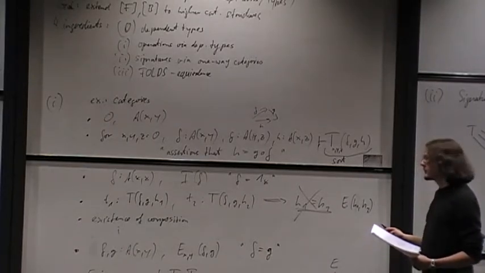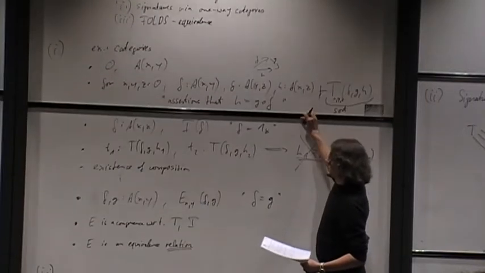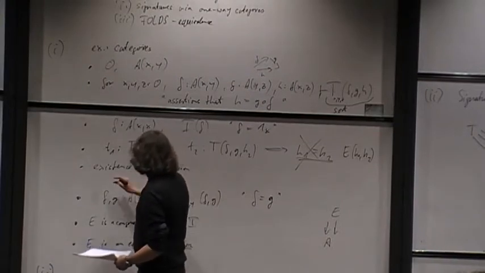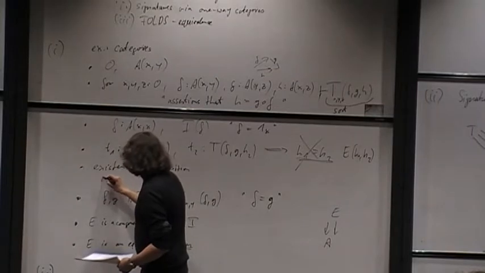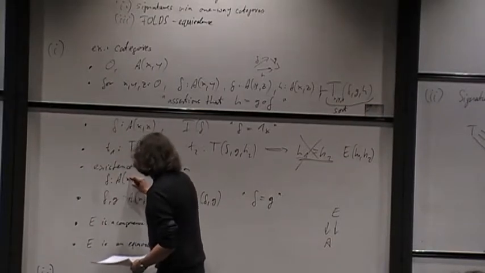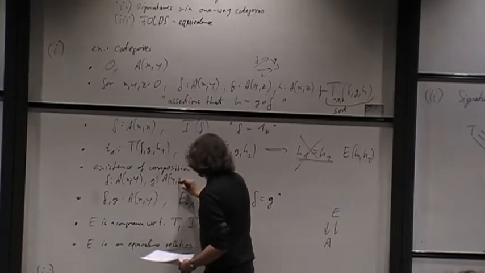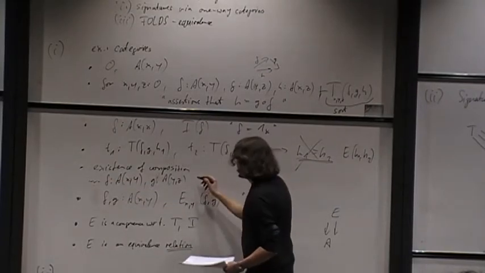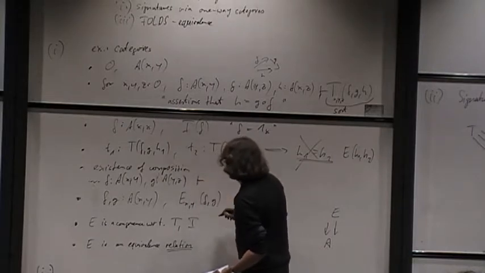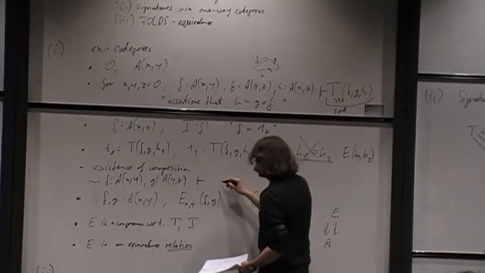So to continue this, how do you state the existence of composition? I would say, if I have f from x to y, g from y to z, then let's say that there exists some t, a term depending on this input.